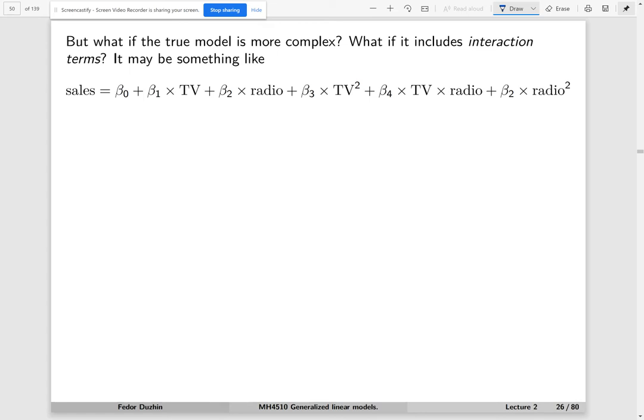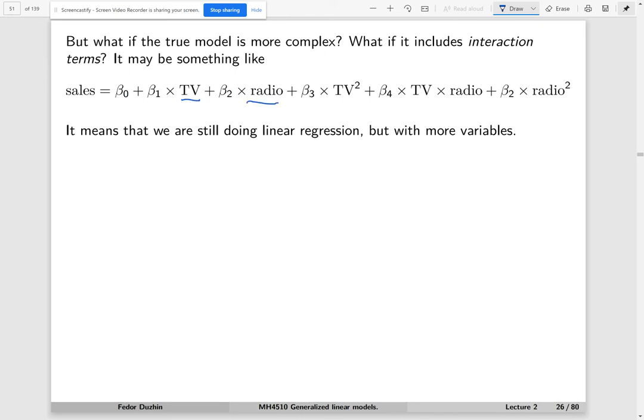So we are going to introduce more terms. It really means that we're still doing linear regression, but with more variables, right? So if TV and radio are our original variables, so these are like x1 and x2, then TV squared is going to be our x3, TV times radio is going to be our x4, and radio squared is going to be our x5.